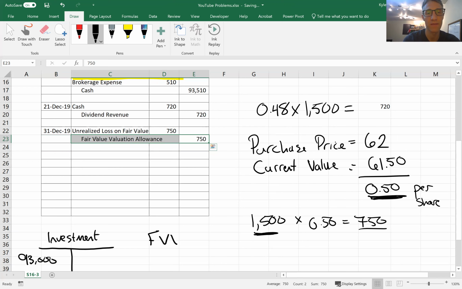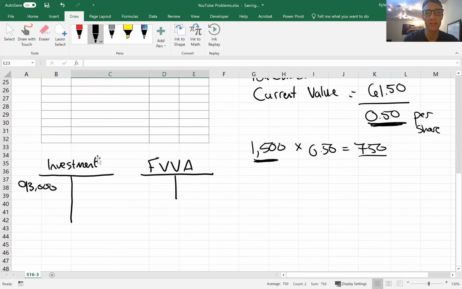So I'm just going to say FVVA, which currently has a credit balance, $750. Notice here how our investment has a debit balance, and our fair value valuation allowance has a credit balance.